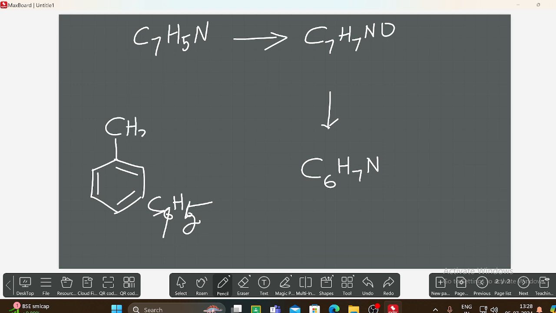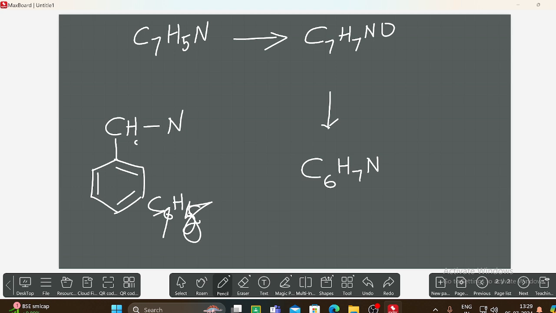So I am writing CH3. Now 5 plus 3, 8. C7H8. But I need to introduce one more nitrogen also, so I am replacing by one nitrogen. Amine.